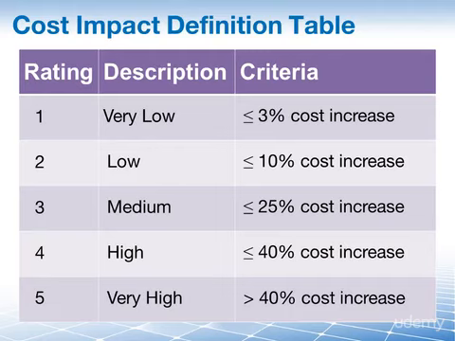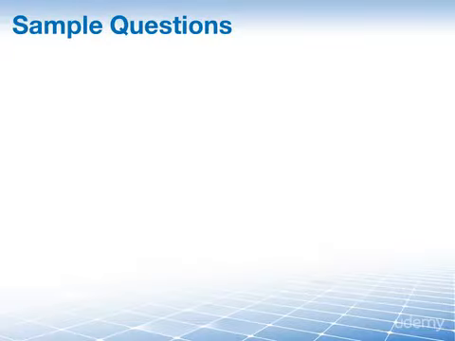This table here is defined in our risk management plan and later on used to assign the impact of cost to our individual risks. That's it for the examples of what goes into our risk management plan.